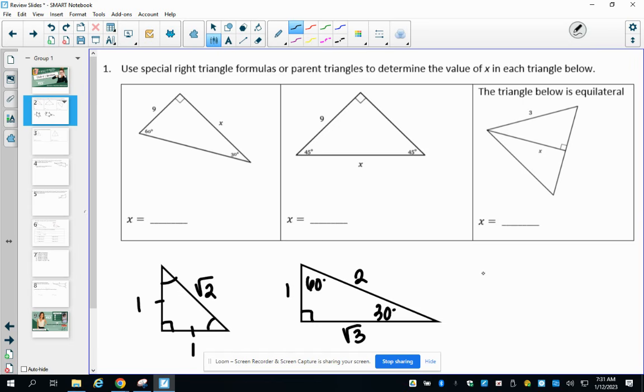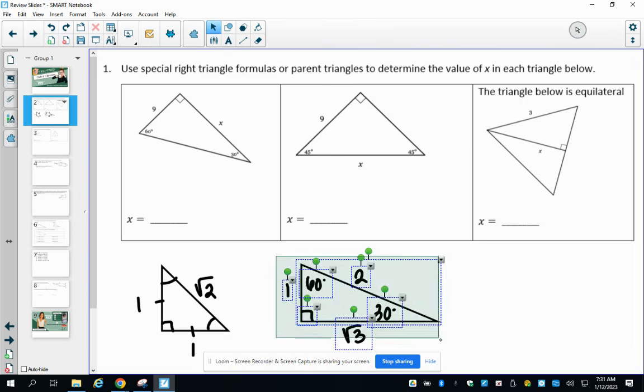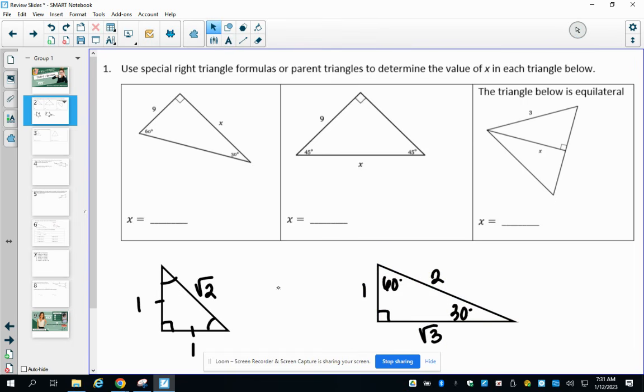You may also have formulas that you've looked at. So let me move these around here. The formulas or connections that you've made here in the 45, 45, 90 are that the hypotenuse equals the square root of 2 times the leg.